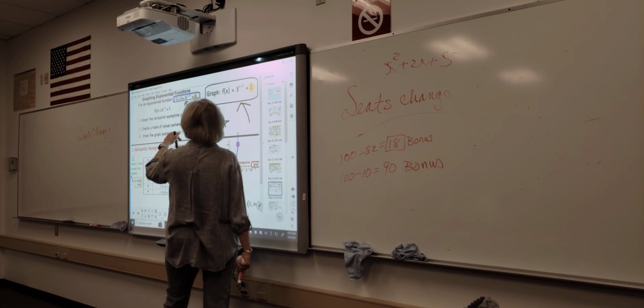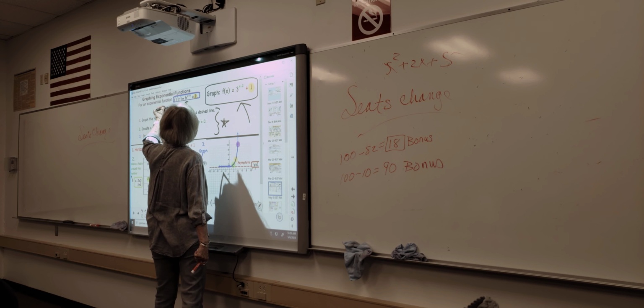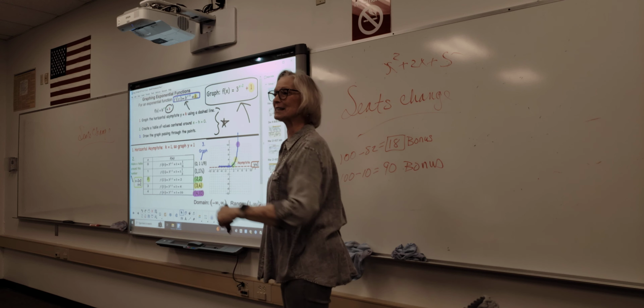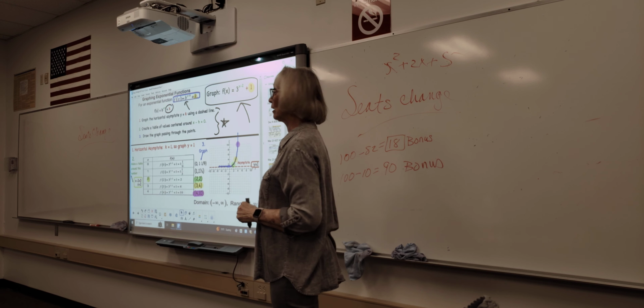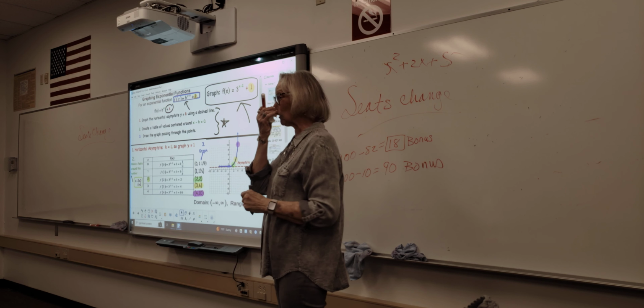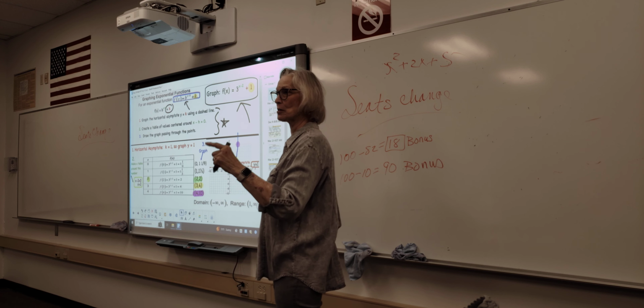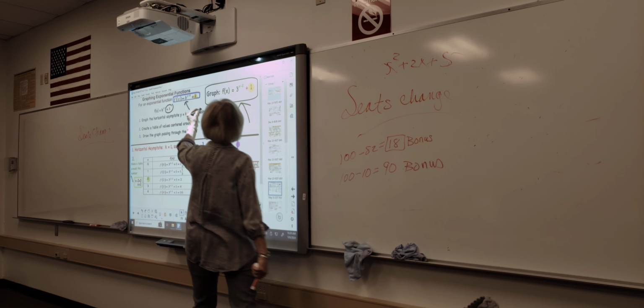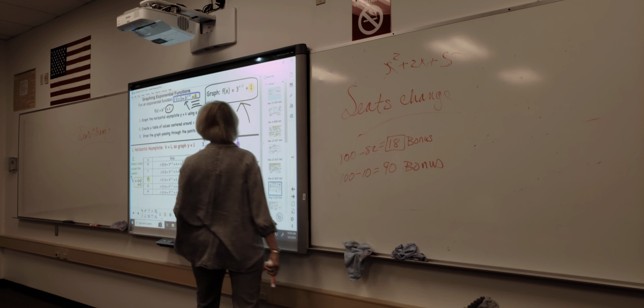So what you want to do is look beyond the base and the exponent and see what number is being added or subtracted. If you don't see a number being added or subtracted, it's always +0. Right here, I'm talking about my k.